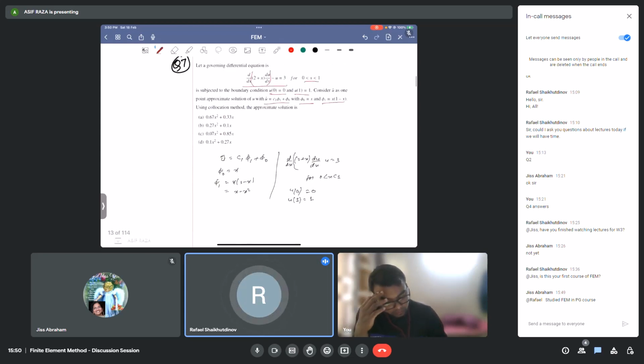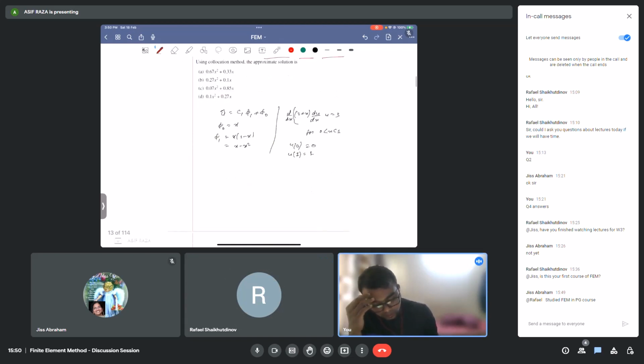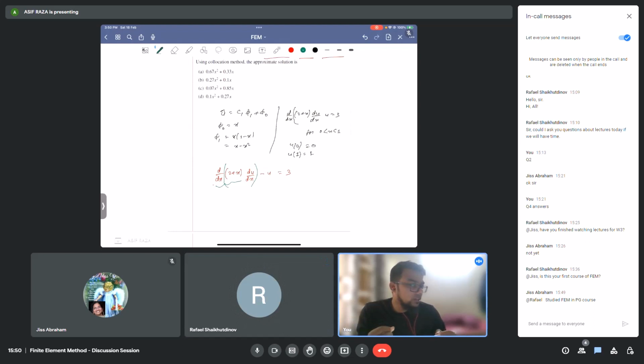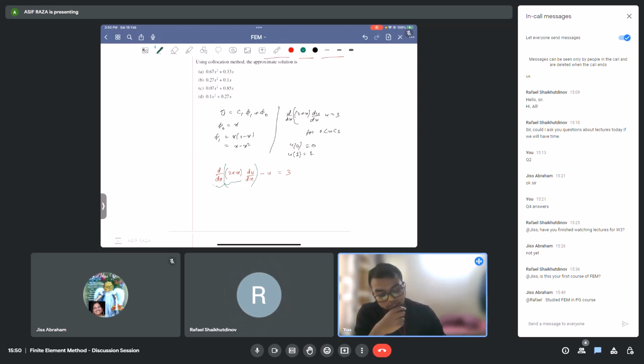Actually, when I saw the question, d by dx is just showing 2 plus x du by dx minus u equal to 3. So when I see this, I thought d by dx is first acting only on this. It's a bit silly to write it like this. Yes, yes.